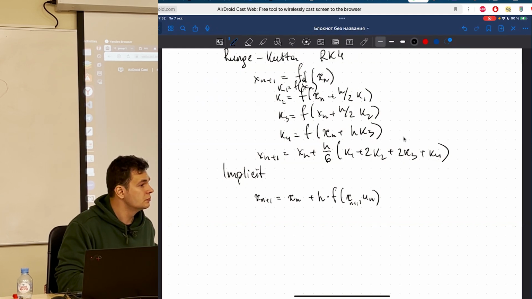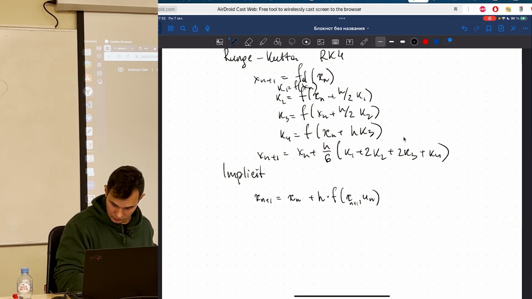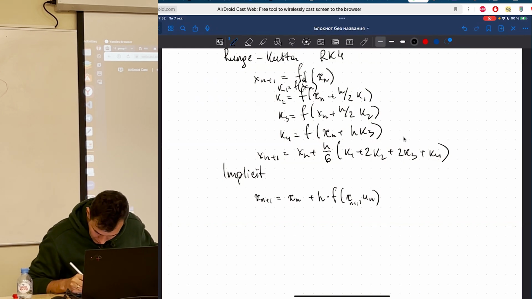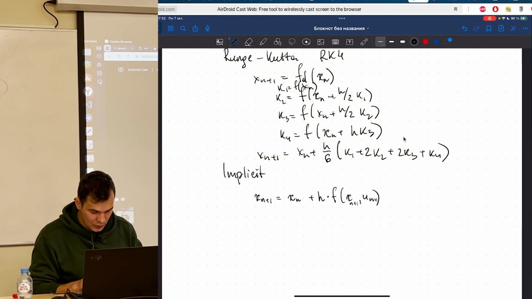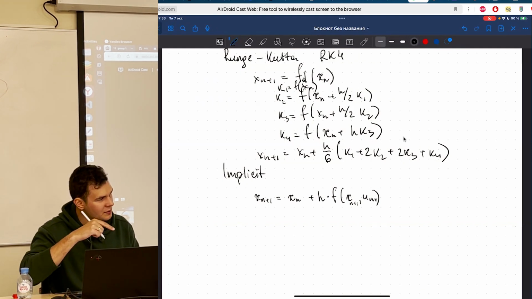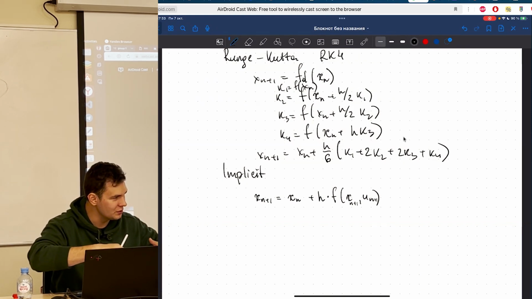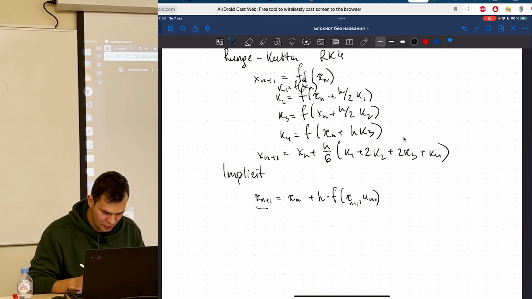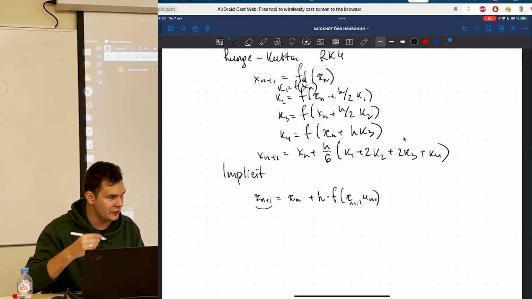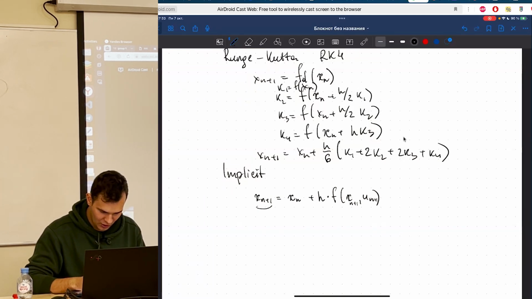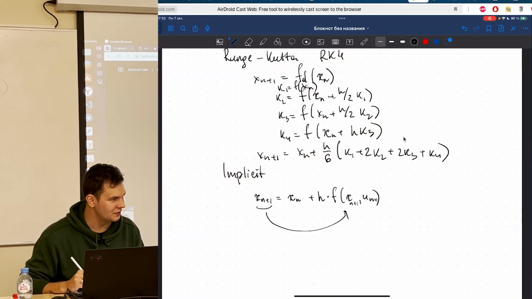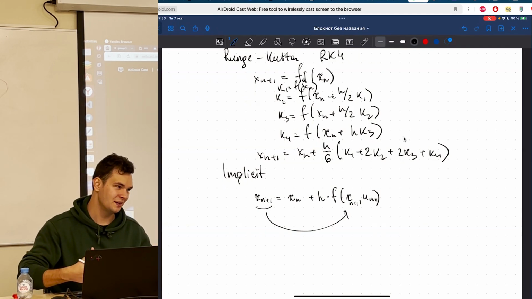Actually, it uses the same state, xn plus 1, xn plus 1. We are trying to predict xn plus 1, but in order to compute it, you need to know it. Look, in order to compute the value of xn plus 1, you need to know it. And this is why it's called implicit.